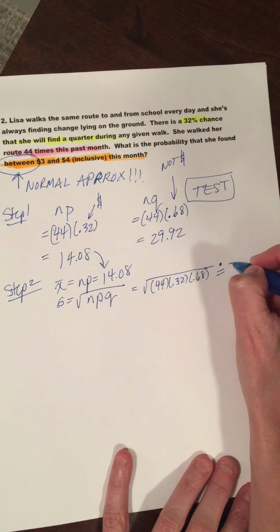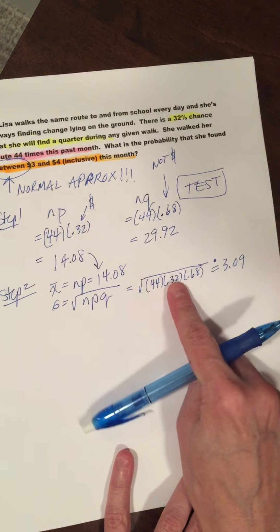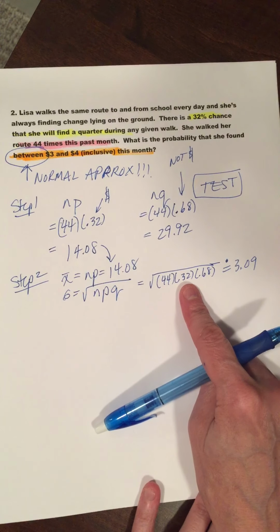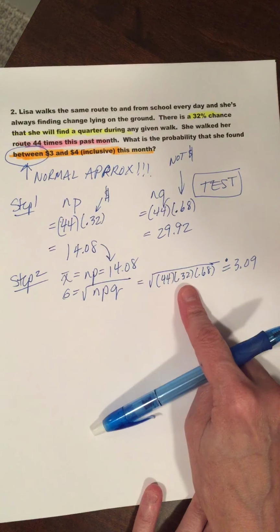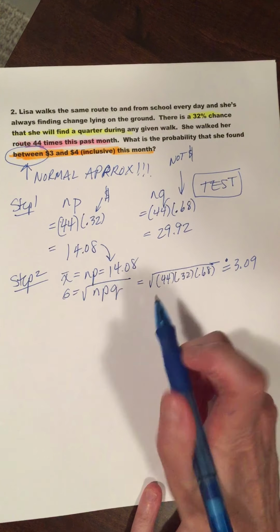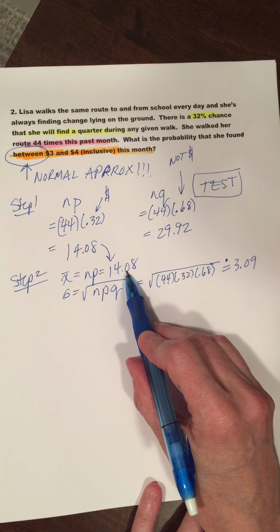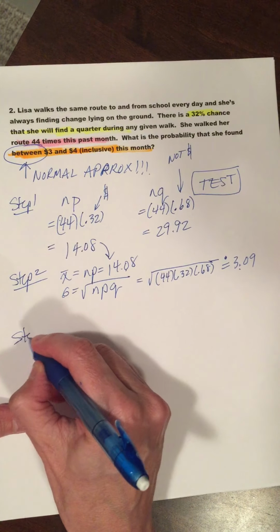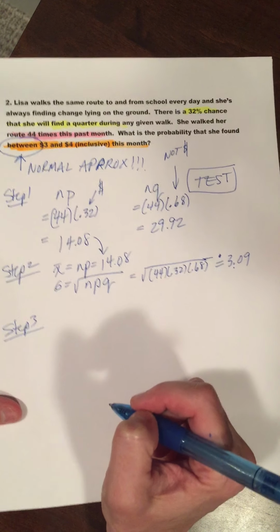Again, you know that I've said be very, very careful with this particular step, okay? Just because the calculator, I don't know why, you just have to be careful here. So I've got my X-bar at 14.08 and I've got my sigma at 3.09. So now I'm on step 3.